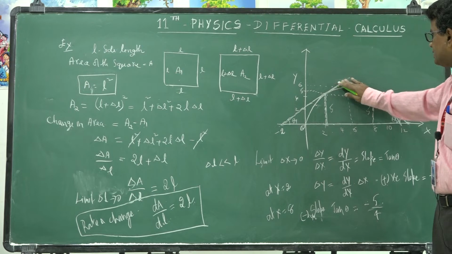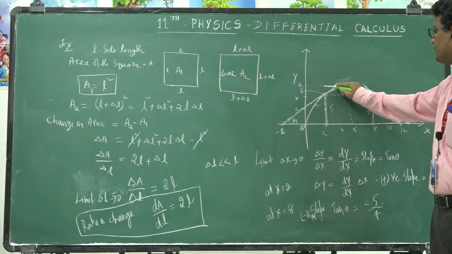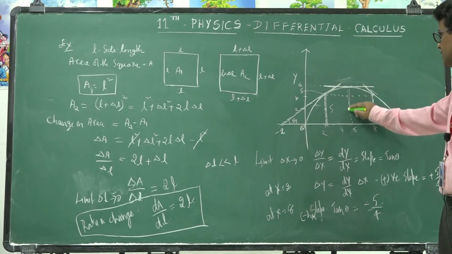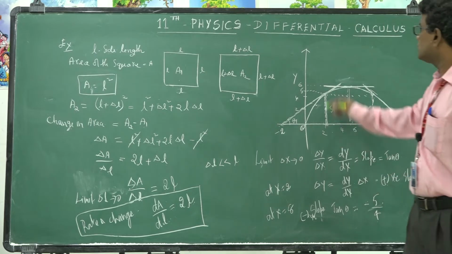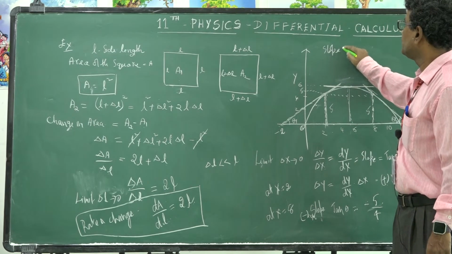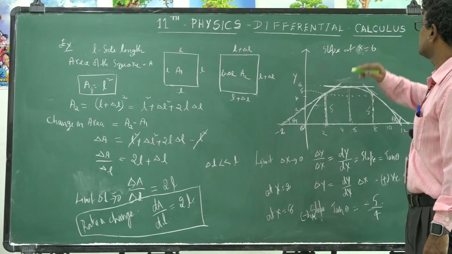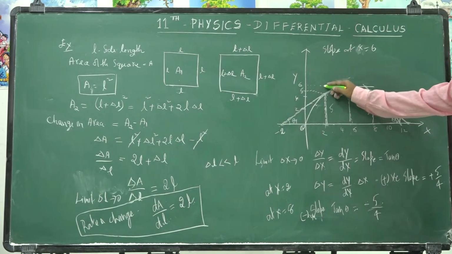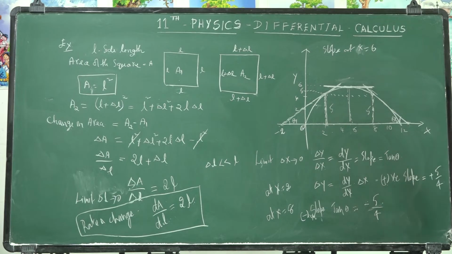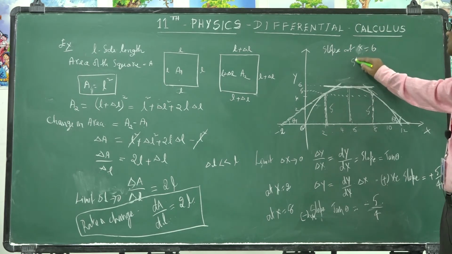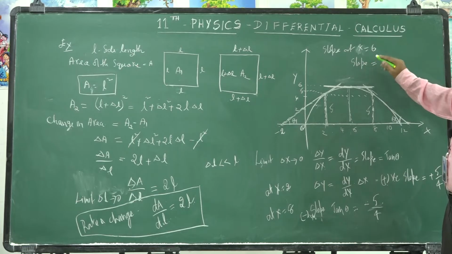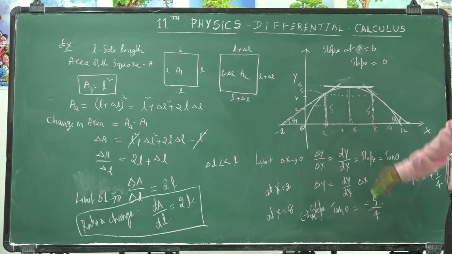You check the slope at this point, at x equal to 6. How do you get it? You draw a line parallel to the x axis, so its slope is 0.